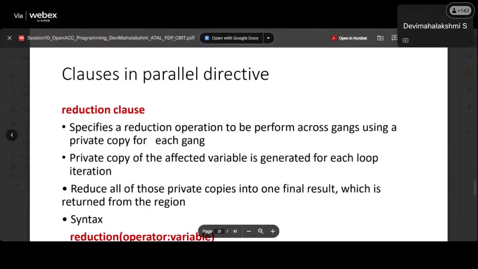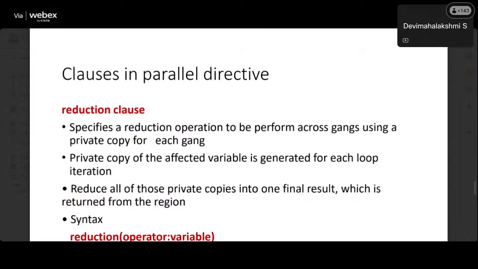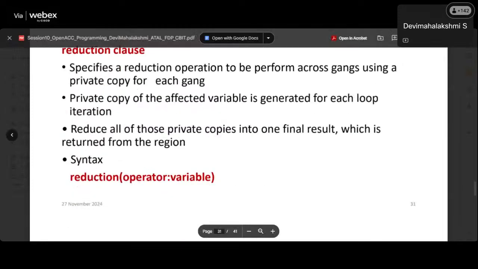When you say reduction clause, for every thread, a separate private copy of those variables will be created. Finally, those private copies are combined into the final result, and that will be available to the host machine, your CPU machine. So its execution is like OpenMP code.